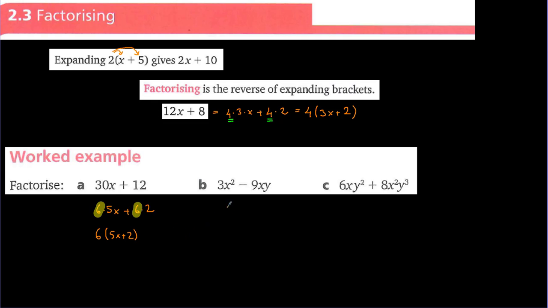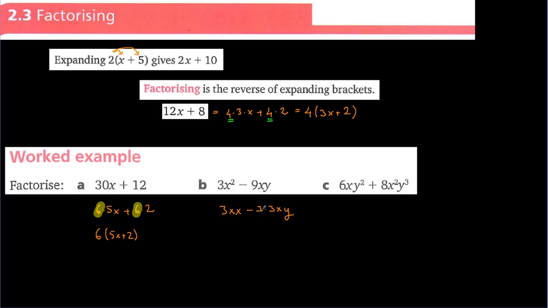This is the factorization result. If we solve this type of question, it is a bit different because there are 3 times x times y and minus 9 times x times y, because here we don't have only numbers, we have variables also. They are like terms, similar terms.